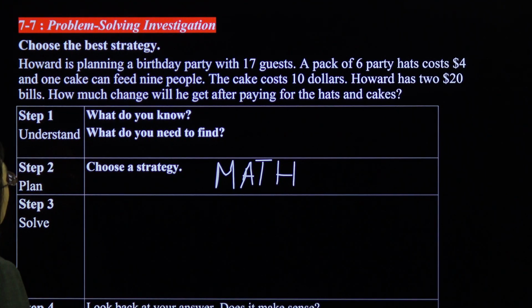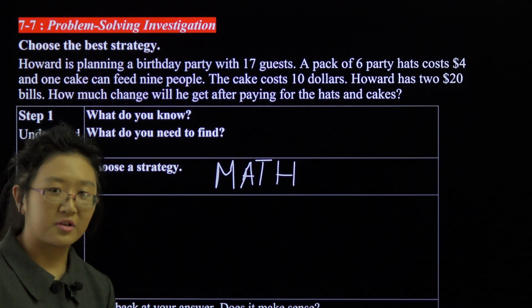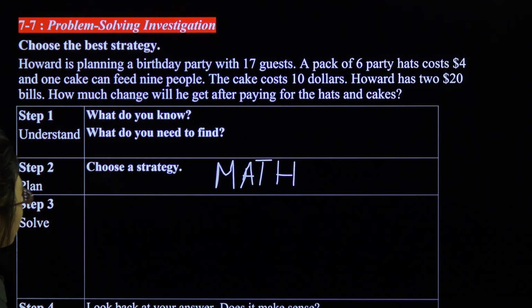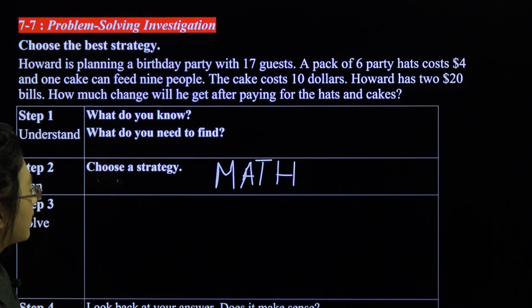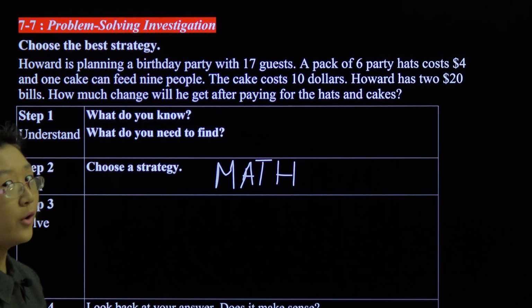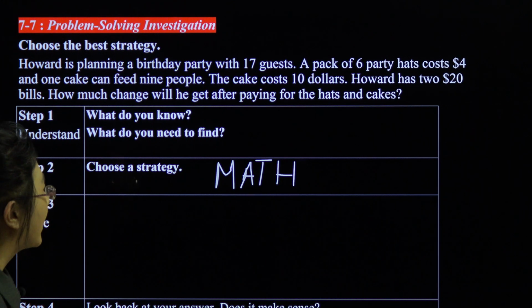Now, okay, how many people are there? There's 17 guests, but it's Howard's birthday party, so it's 18 people. There are packs of 6 party hats. How many packs would that be? Well, 18 divided by 6 equals 3, because 3 times 6 is equal to 18.